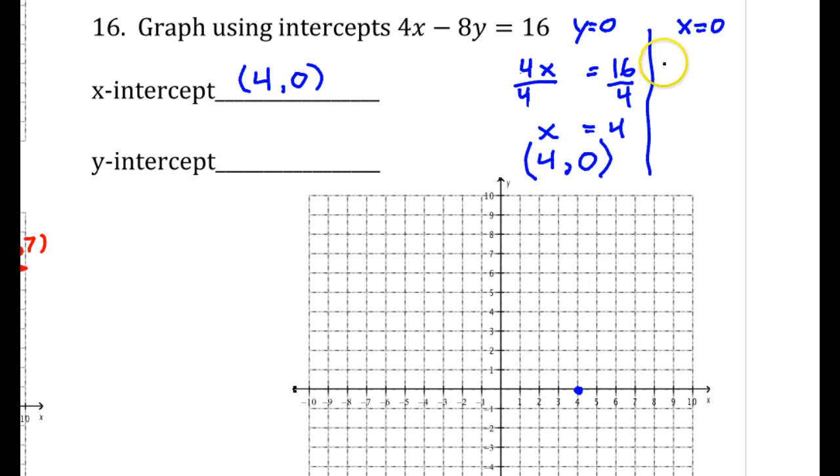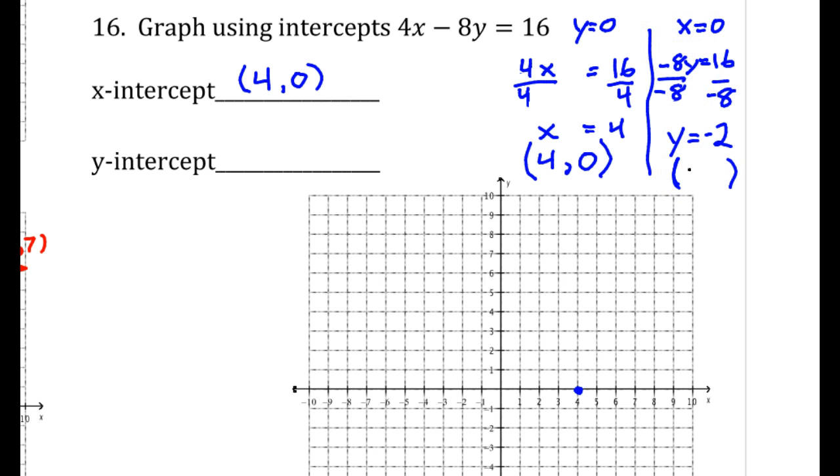And likewise, for the y-intercept, plug in 0 for x. So that's right here. So we're left with -8y equals 2, which is the same as what coordinate?